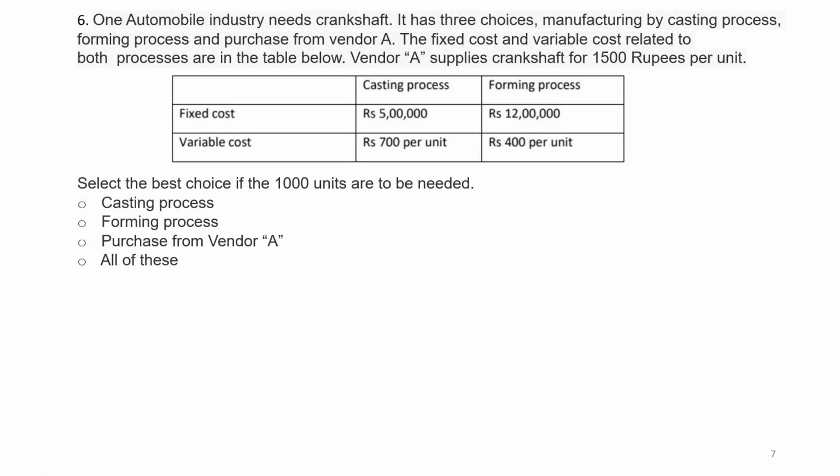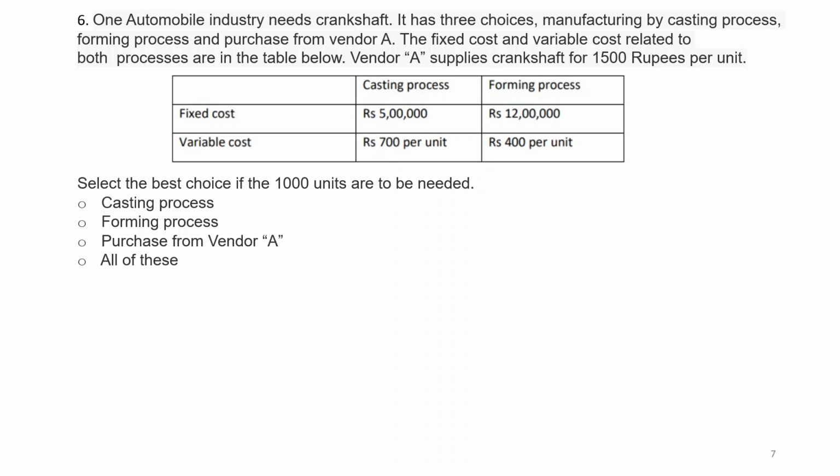Next question is related to cost. There are three methods that you can use, and you need to find which method gives you the least cost. One automobile industry needs a crankshaft and it has three choices.